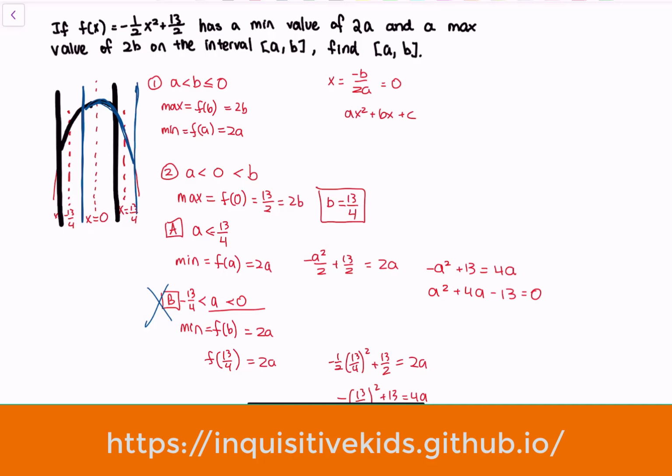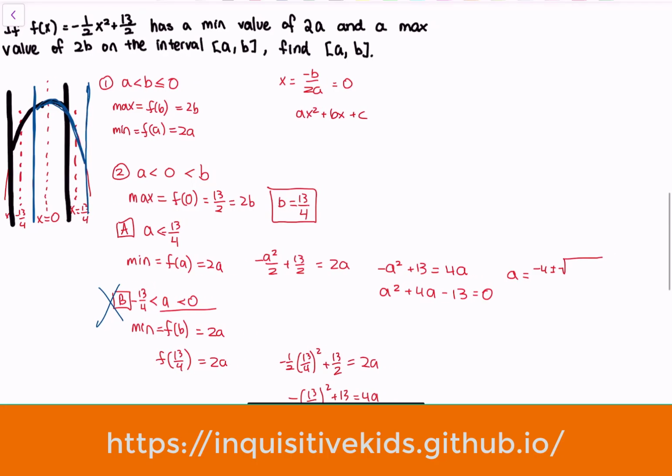Now we can use the quadratic formula. a is equal to negative 4 plus or minus the square root of 4 squared, which is 16, minus 4 times 1 times negative 13 over 2, all over 2, which is equal to negative 4 plus or minus 68 over 2. This is equal to negative 2 plus or minus 2 times the square root of 17.